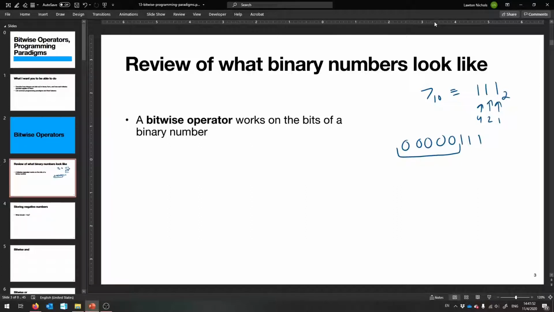You can pad with zeros on the left all day long, and the number doesn't change.